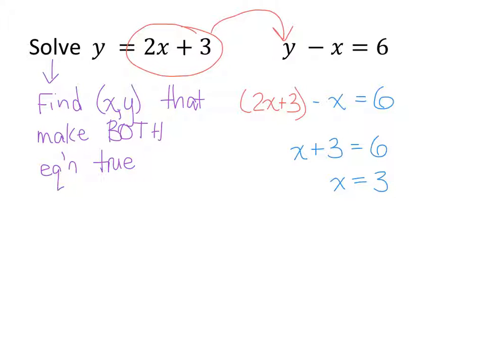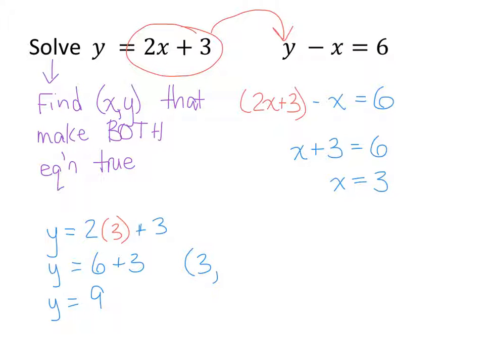We're going to take that answer and use it in the first equation in order to find the value of y. When we substitute 3 in place of the x, we find out that y must be equal to 9. So that coordinate point that makes both equations true would be the place where x is 3 and y equals 9.